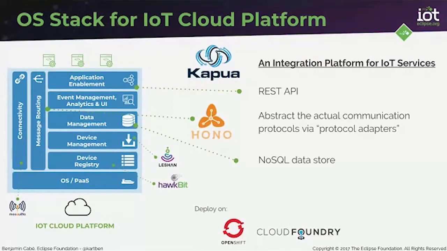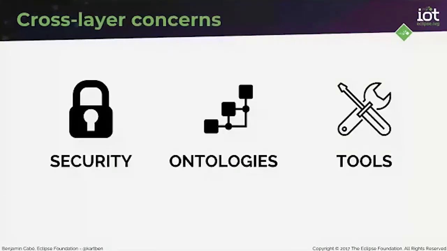Things like Leshan, Hawkbit, Hono, which is more about the pure connectivity side of things. Those are all microservices that you can deploy in Kapua, and Kapua provides a common set of APIs to interface with the services, a common UI, and you can of course develop your own microservices to add even more functionality into the backend system. So that's for the technology.